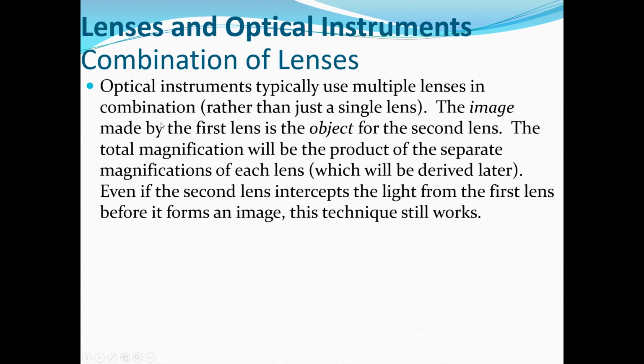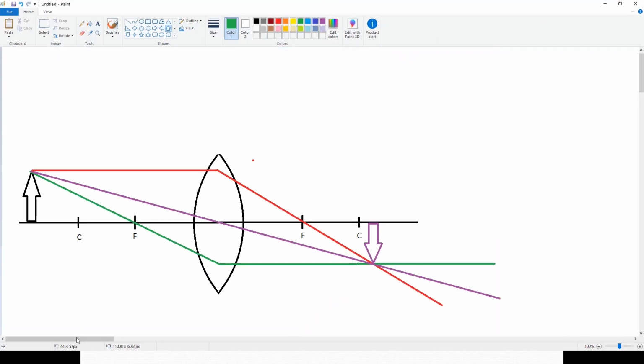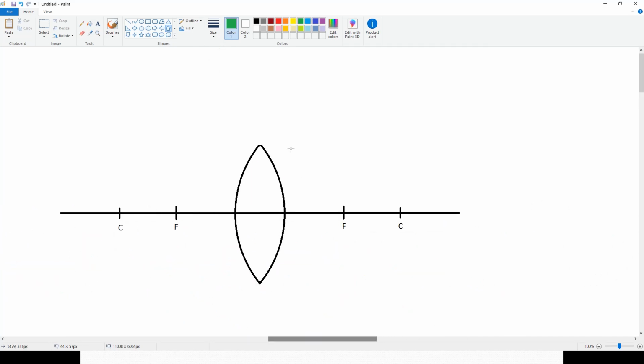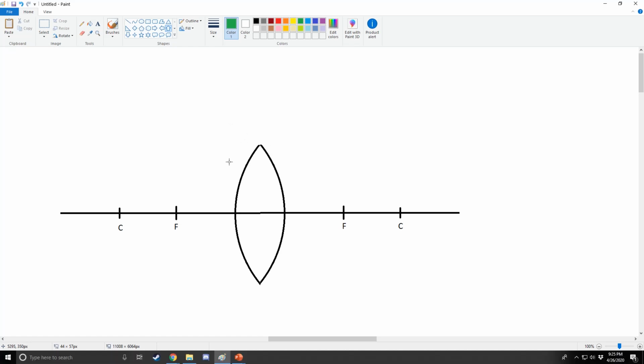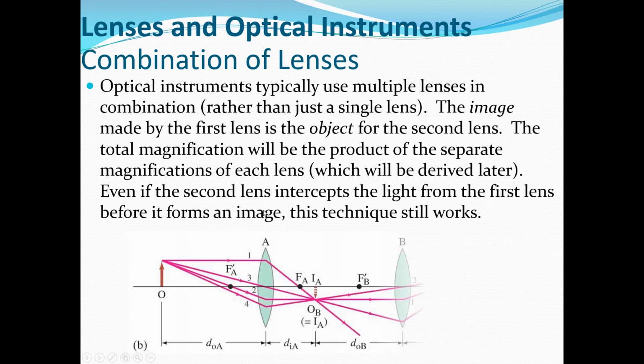What that means is that if you have two lenses right next to each other, and the image is actually going to be formed on this side of the second lens, then we could still do a lot of the same things. It's just that we have to take into account the sign convention because it's not coming from where the light's coming from. So keep that in mind.